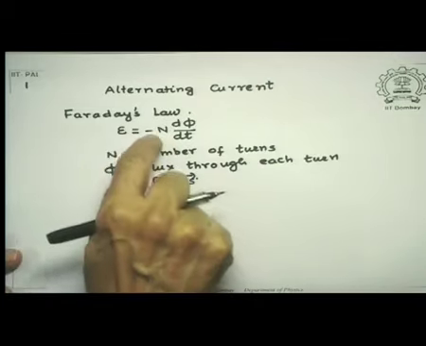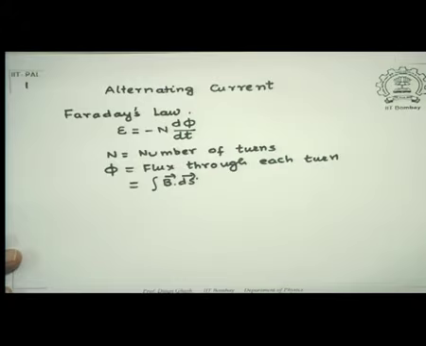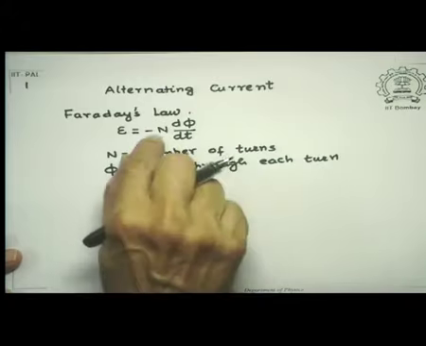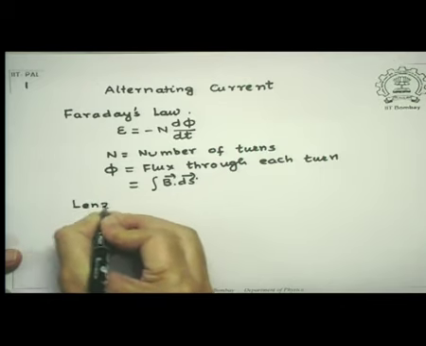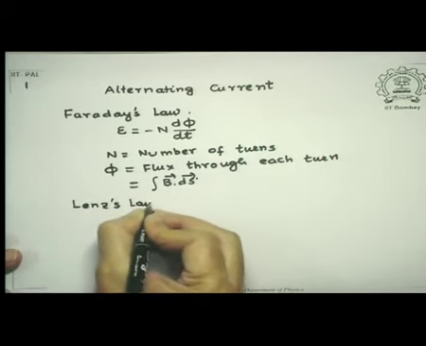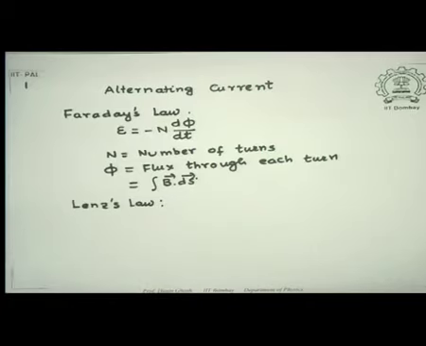The formula is written usually with a minus sign, and that is because this is a reminder of what is known as Lenz's law. Lenz's law talks about the direction of current induced in the circuit.